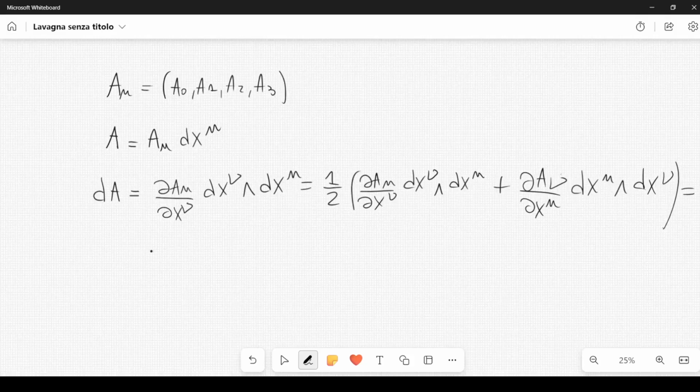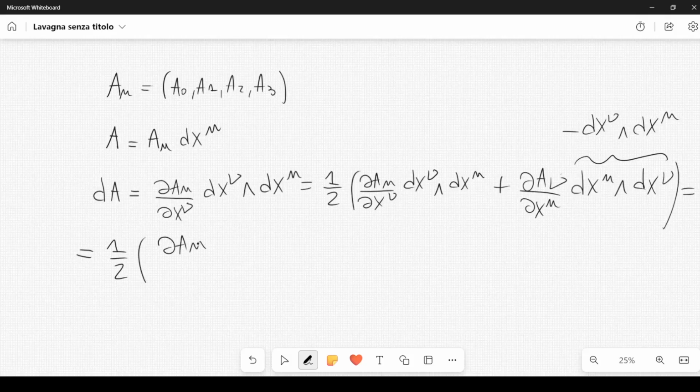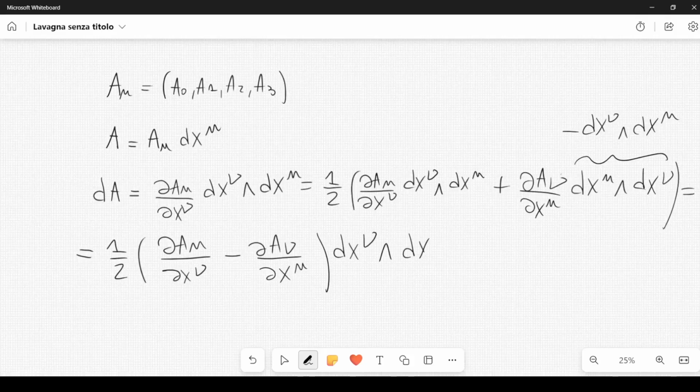Now I can use the property of wedge products, and I can rewrite this as minus dx mu wedge dx nu, and this can be written as 1/2 (dA mu over dx nu minus dA nu over dx mu), and then I have dx nu wedge dx mu, like this.